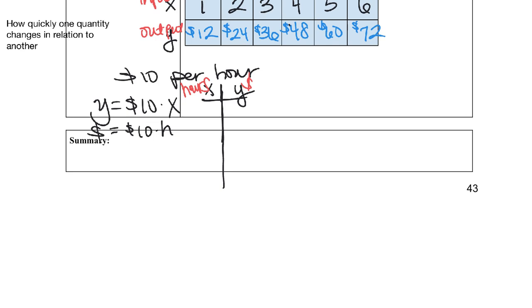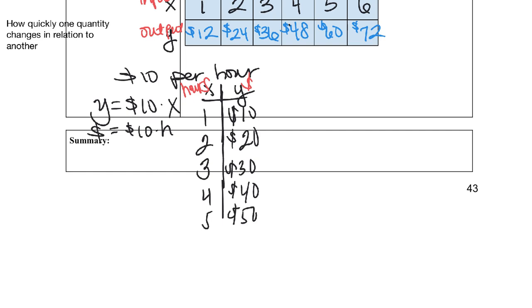So if I work 1 hour, how much money am I going to be getting? $10. If I work 2 hours, $20. And I'm going to have you guys complete the rest of the table. If you work 3 hours, it's $30. 4 hours, $40. And then 5 hours, you'd be making $50.